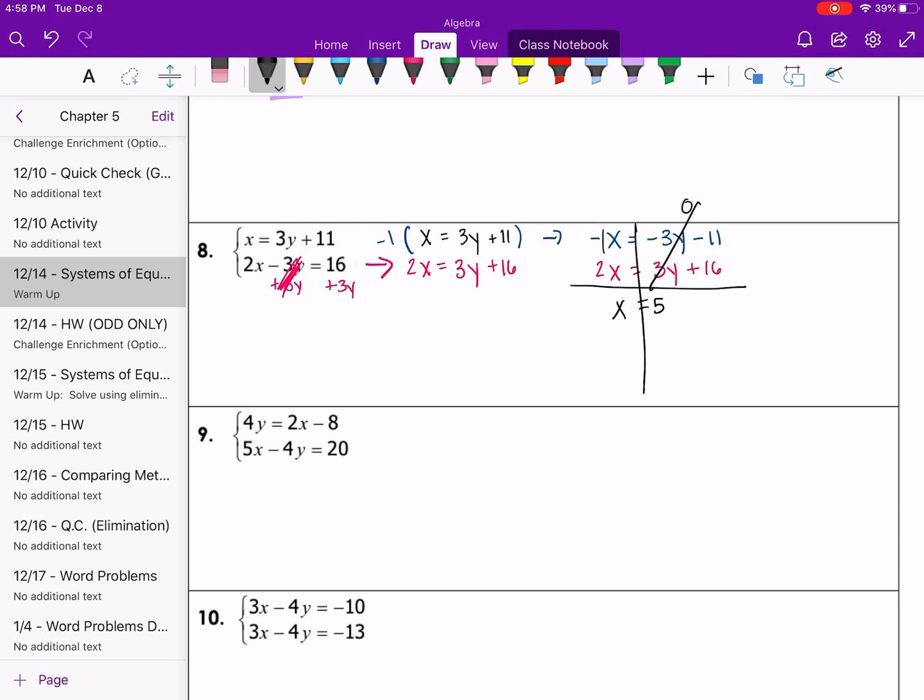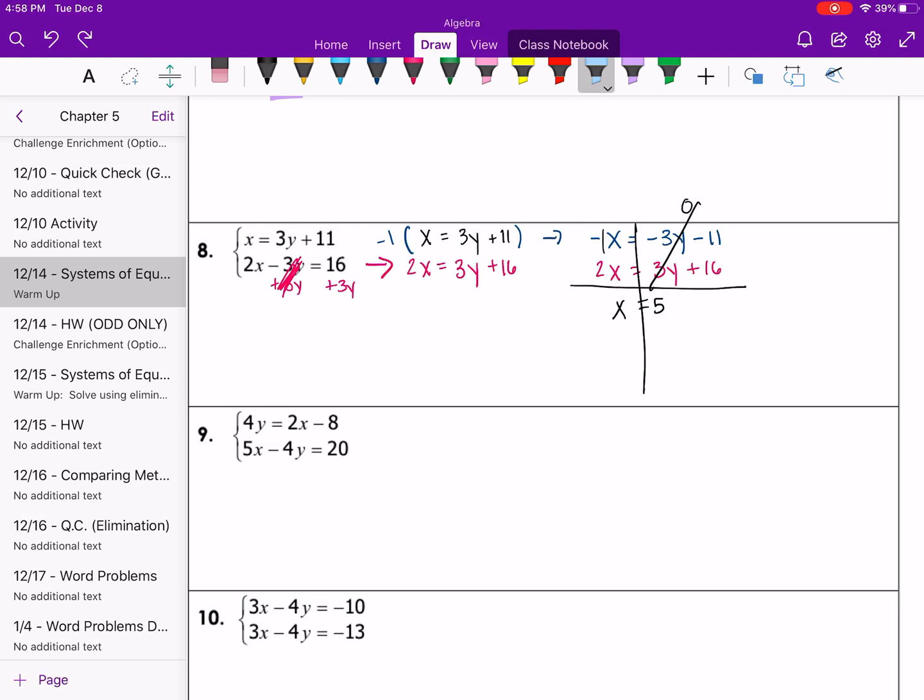Be careful, you're not done yet. Remember, for a solution, I need an x and a y. You can pick any equation you want, because all of these are true. This one is true, this one is true, this one, they all work. I promise you, if you plug in 5 to each and every single one of those, your y would be the same.